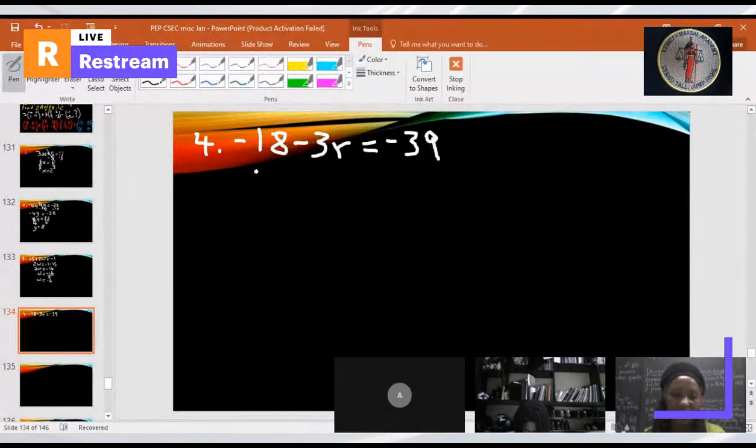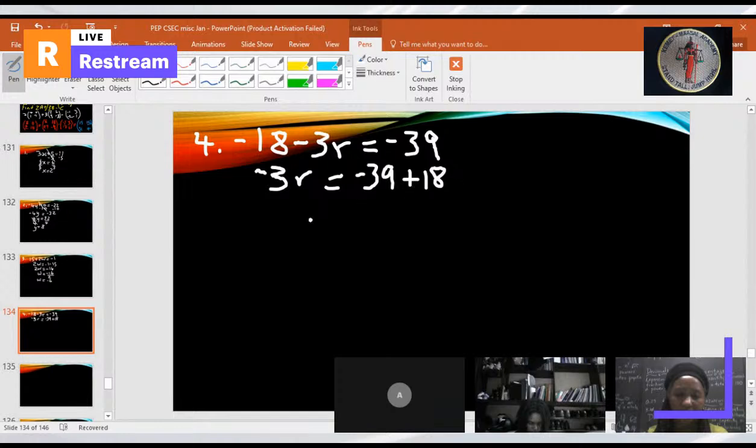So on the left hand side, we'd have negative 3r is equal to, and we write back the negative 39. And then you're saying the negative 18, when we cross it over, it will become a positive 18. Yes, or we're adding 18 to both sides.